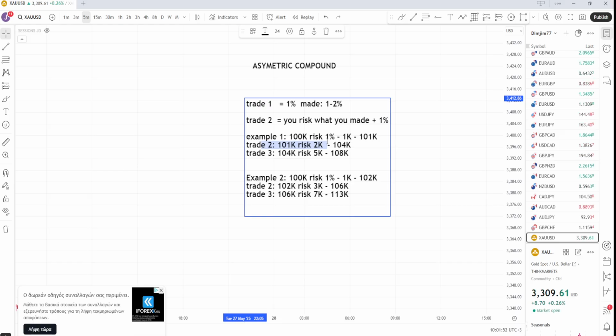Now, if you use a system like the one that we use with high probability, and we do it a little bit differently, like a variation of that, it can explode the account while keeping a lot of the profit.